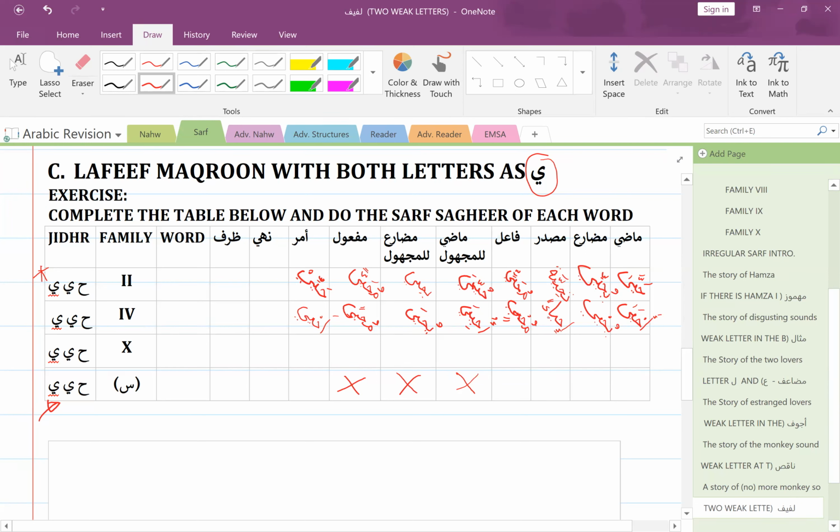Istahyi. Good. استحيي. لا تستحي. Same three. لا تستحي، لا تستحيي. مستحي. Yes. Mustahayyun. مستحي. Yeah.